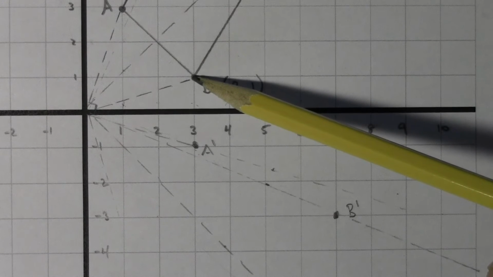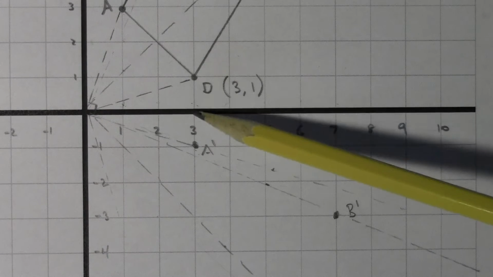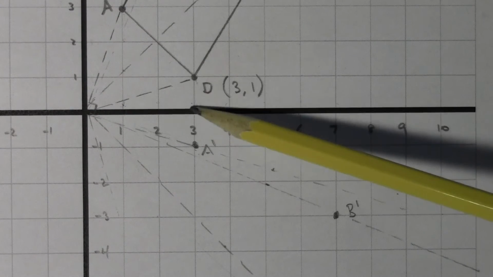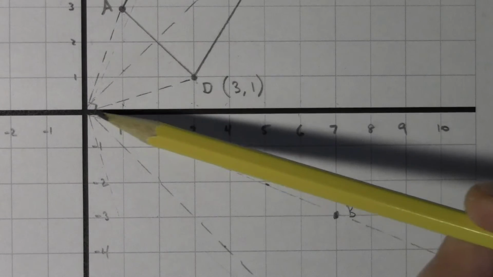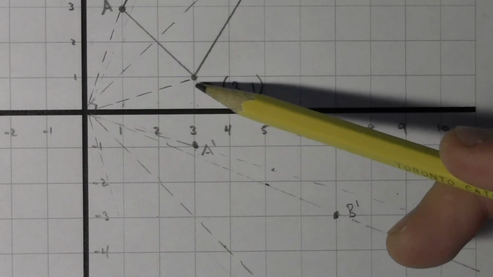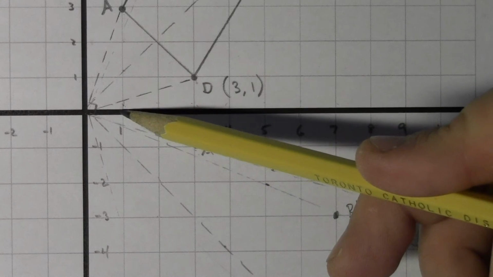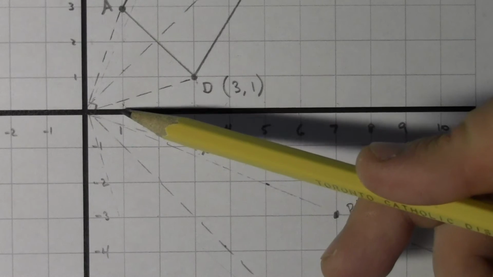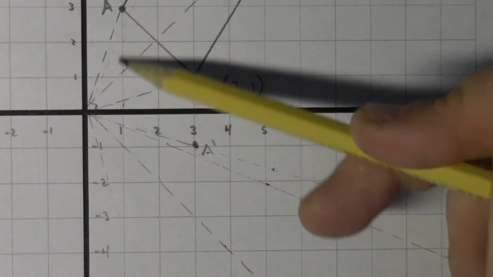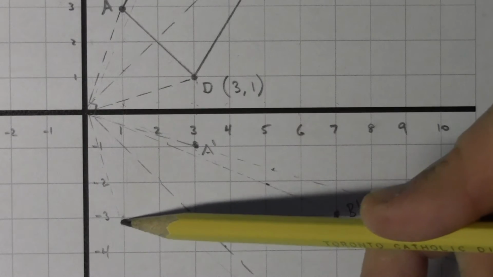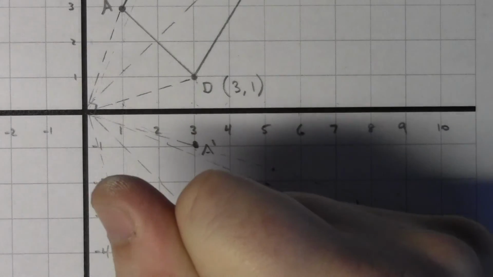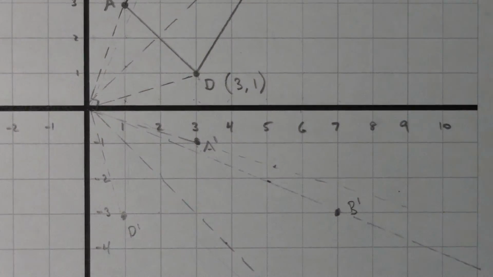I have to count back to the y-axis. I have 1 here to get back to the x-axis, so I go down and then to the right. So I have 1 to get down, then I start at the y-axis and I have 1 to go across. Because it's 1 here, it's got to be 1 here. I find a point along 1 that is at that line, and that's going to be my D rotated.